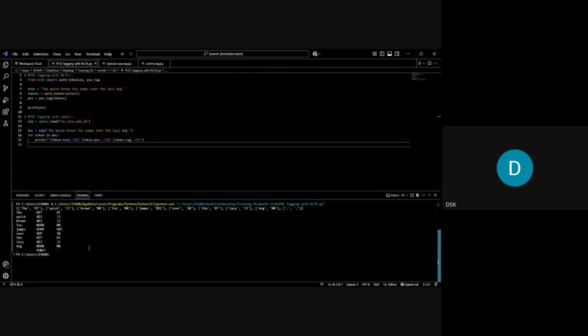The is assigned to DT, that is determiner. Lazy is an adjective, so JJ again. Dog is also a noun, so NN. And for punctuation it is blank. So you can go through the code. Then again we have one more example for today.